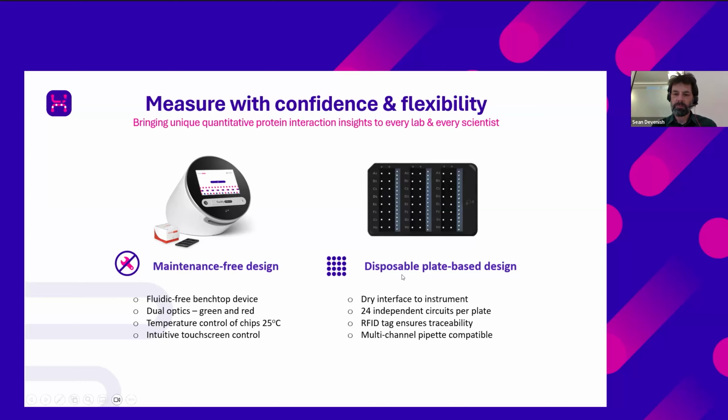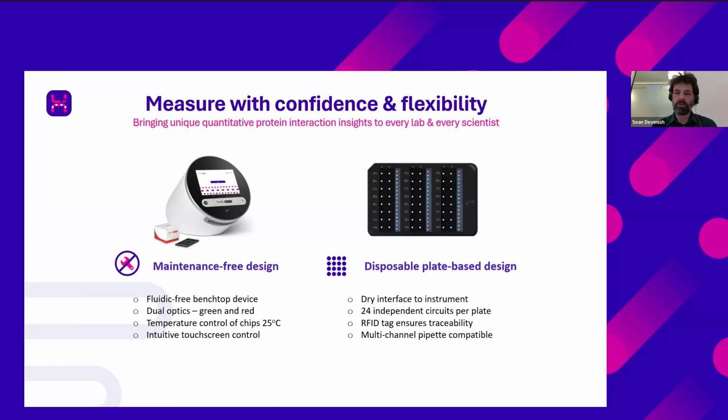Looking at the consumable, it has a dry interface to the instrument, so no fluids cross into the instrument, which also means you don't have to worry about cross-contamination of the instrument, which is another benefit. There are 24 circuits per plate, so three sets of 8, and you can use part of the plate.